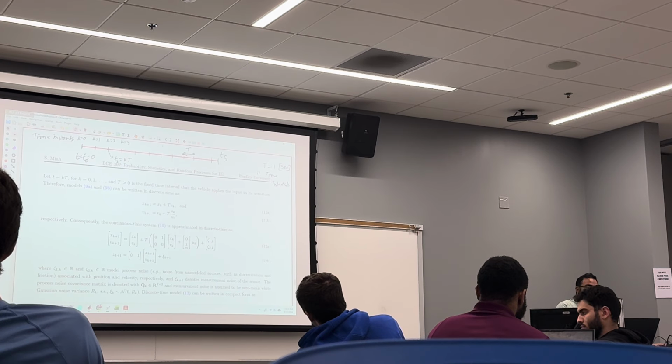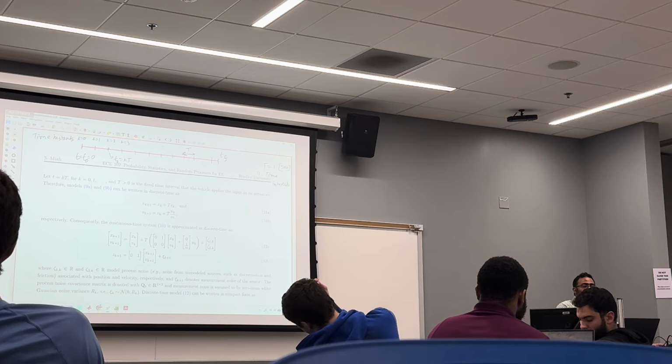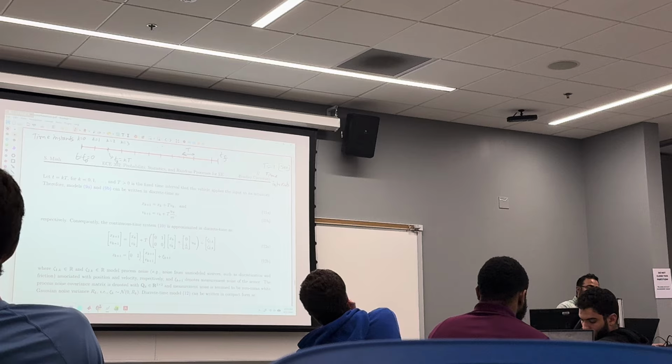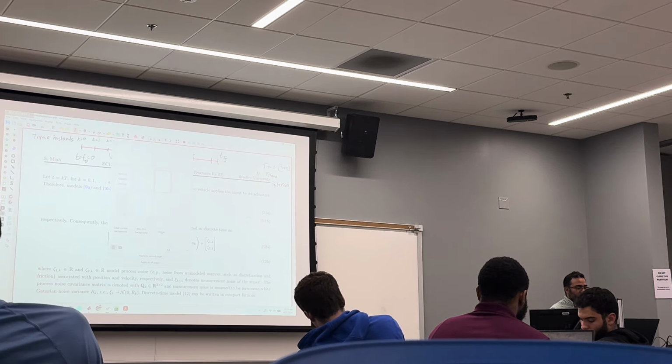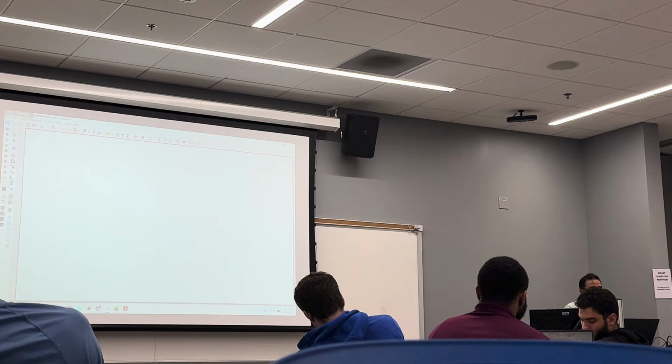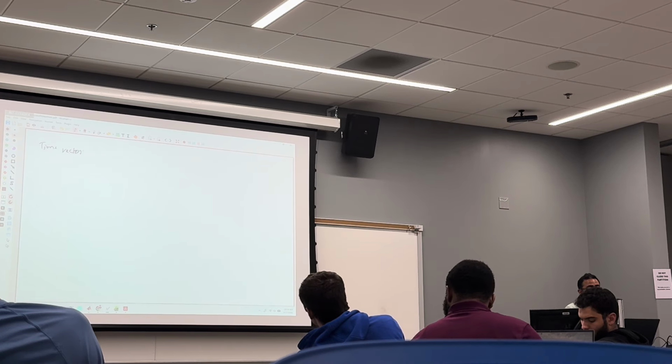Now, when you plot the vehicle's position and velocity at this point, I need to explain this, because this is where people make mistakes. So we have the time vector for this example.